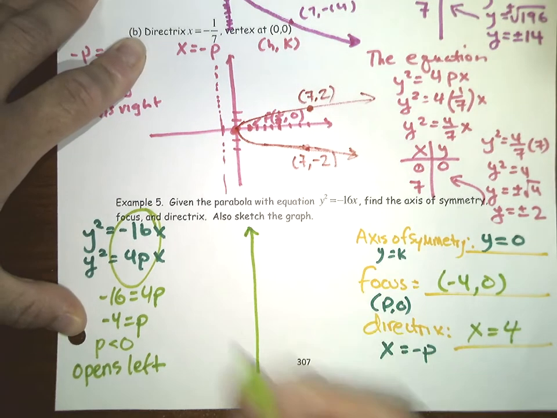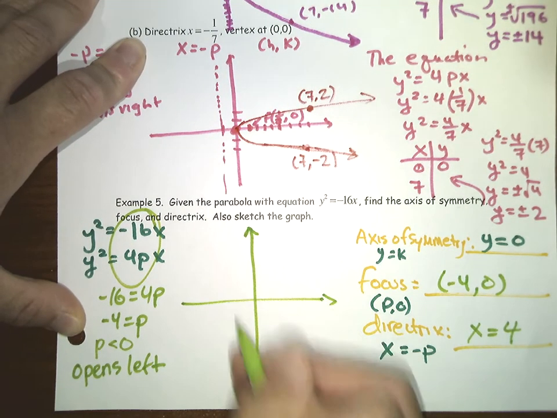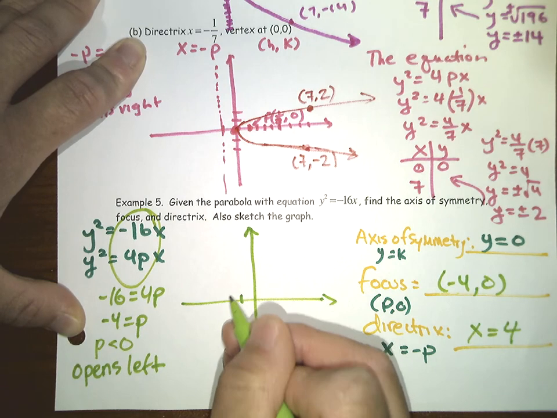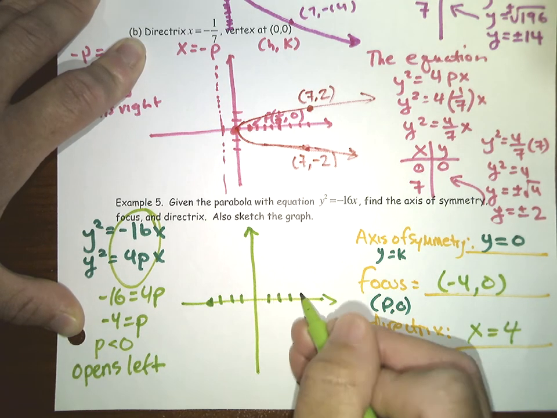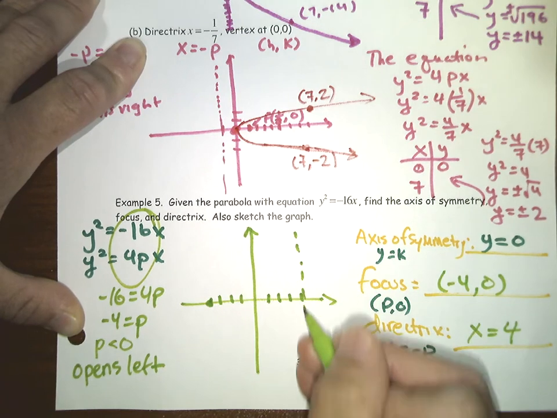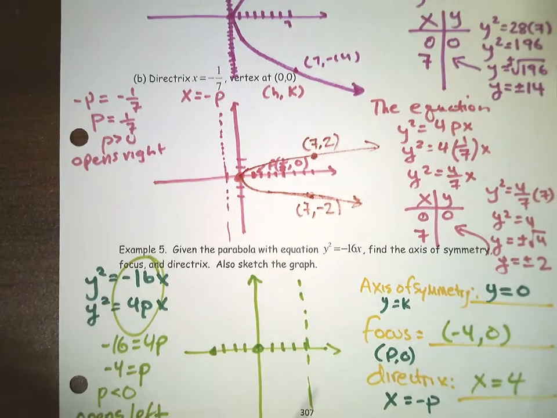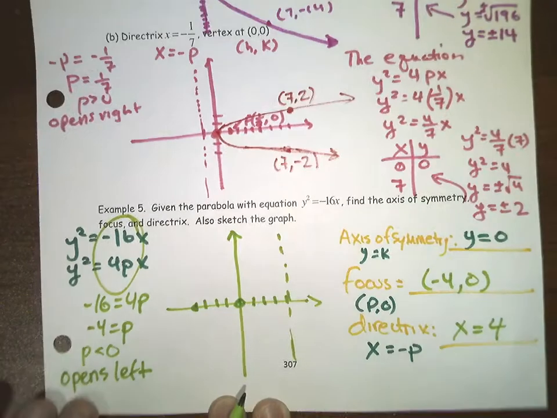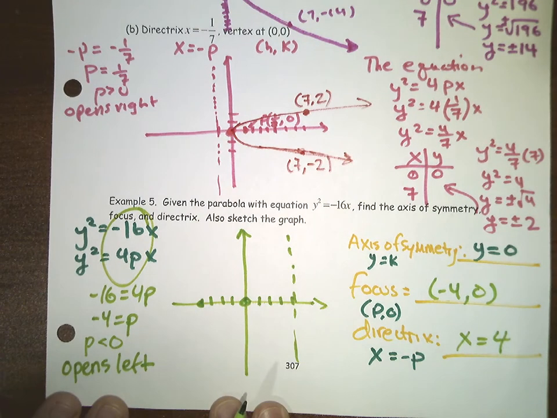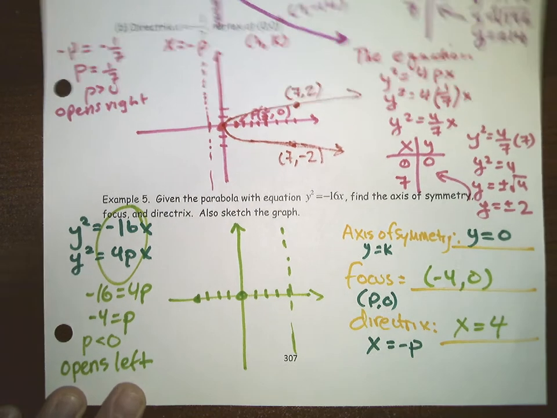So here we go. Here is the sketch of the graph. We know we have a focus at negative 4, 0, and the directrix at x equals 4, and the axis of symmetry is right here in the middle. And so all you really need is to pick some points on the graph.